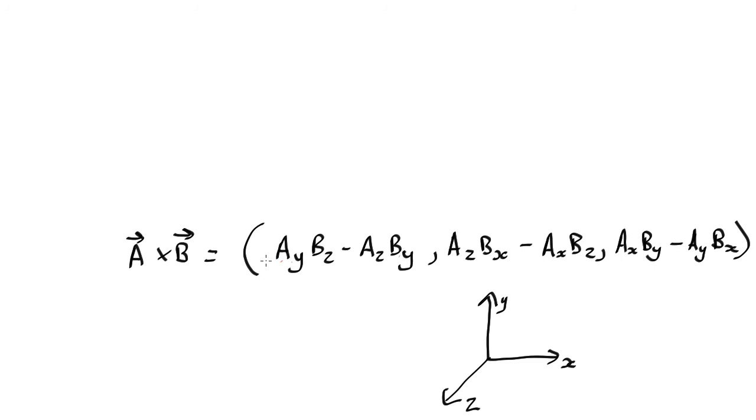What you do for the x component of your answer, of the multiplication, you take A_y B_z minus A_z B_y. So what you're doing is the x component of A cross B actually doesn't involve x, it just involves the y and the z. Likewise, the y component is A_z B_x minus A_x B_z, so it just involves the things not in that particular term, and similarly over here.